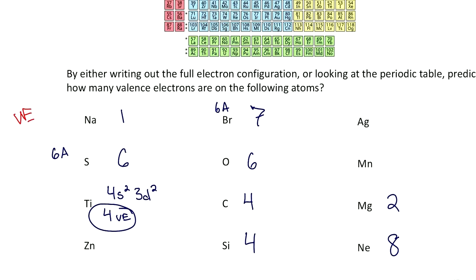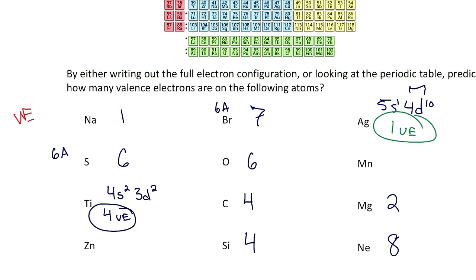On the other hand, silver is one of those anomalous electron configurations. It's 5s1, 4d10. So those 10 electrons in the d subshell actually don't count, so silver only has 1 valence electron, right?